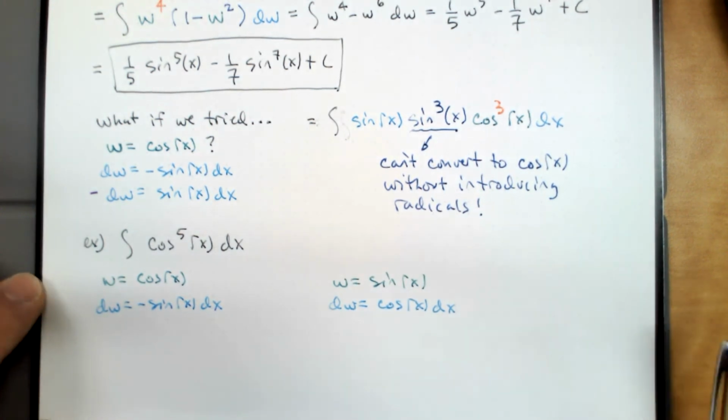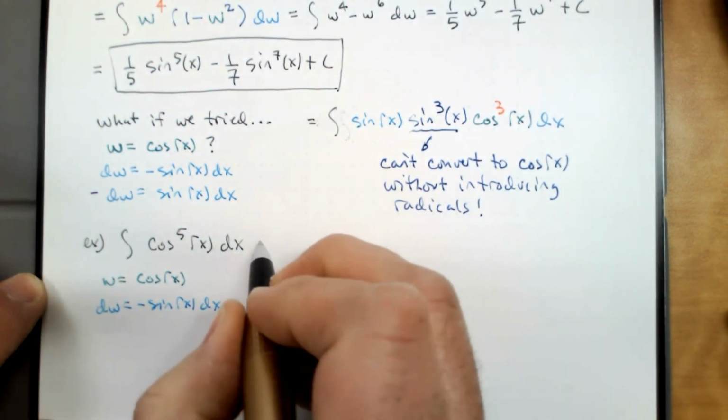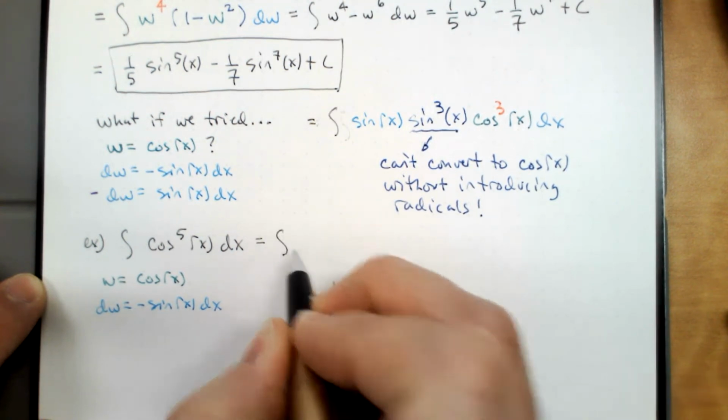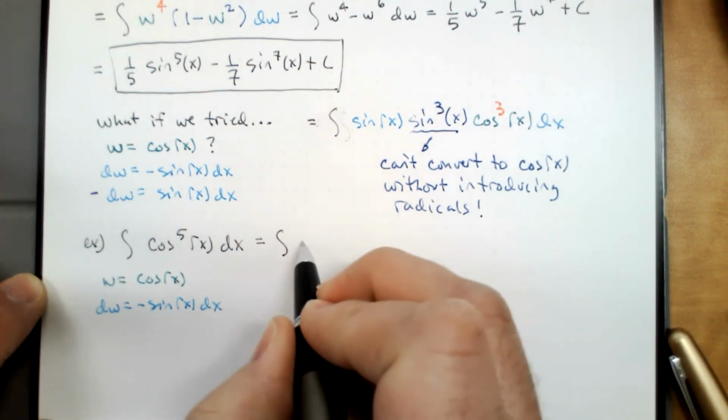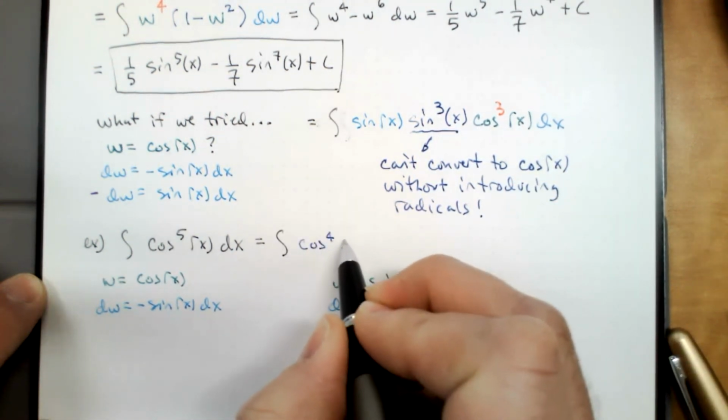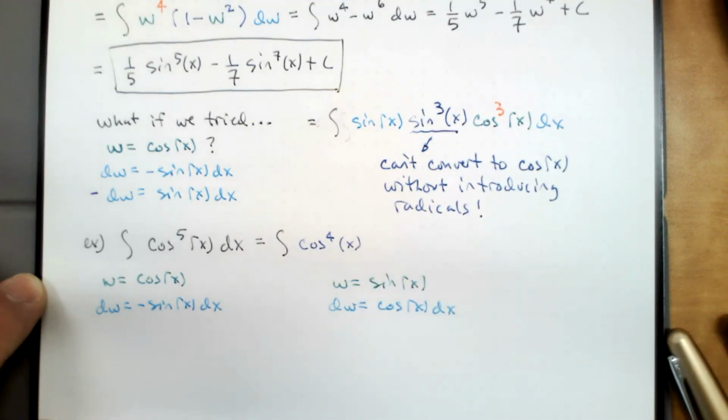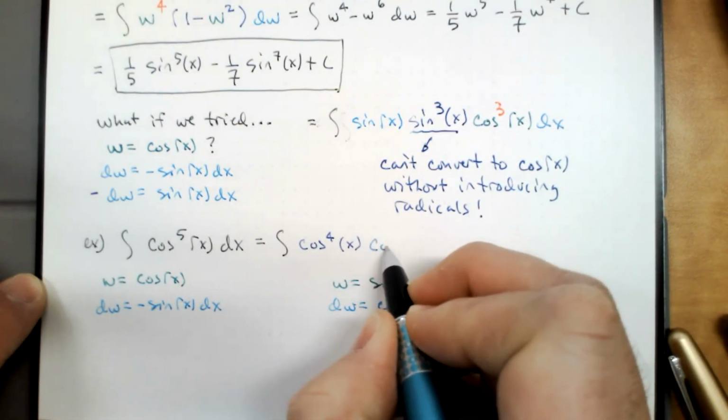So we're going to read this cosine to the 5th x as the integral of cosine to the 4th, and then the cosine x.